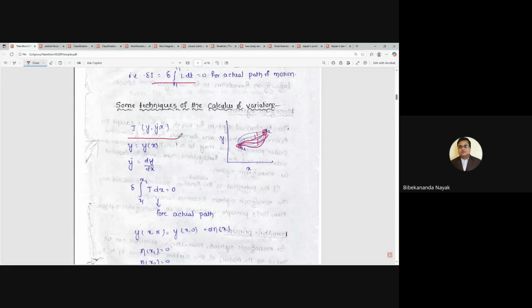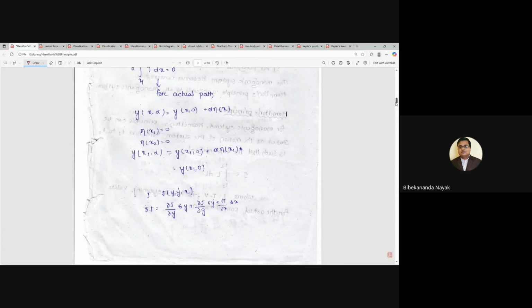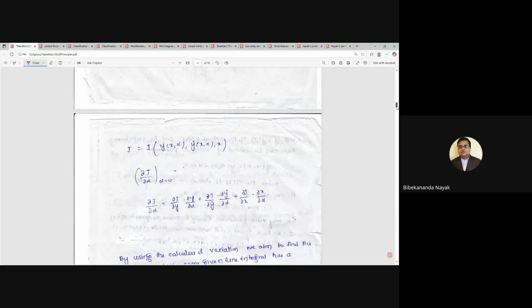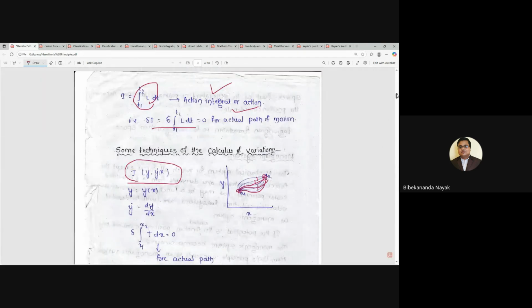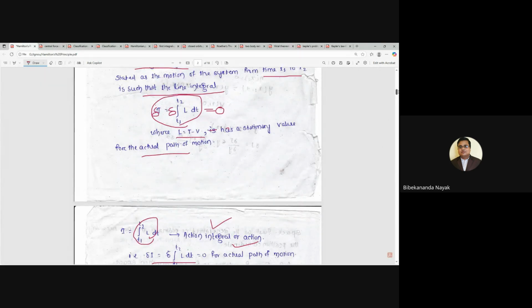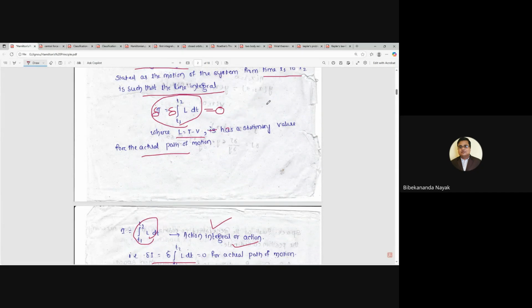that the function j is a function of y, y dot, and x. Instead of here actually taking the Lagrangian L dt, we can generalize it.